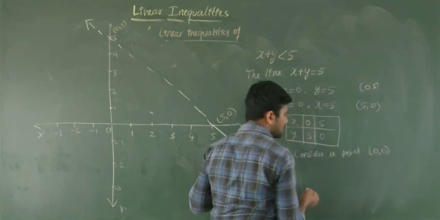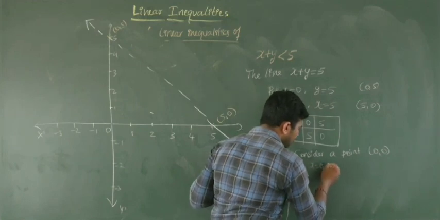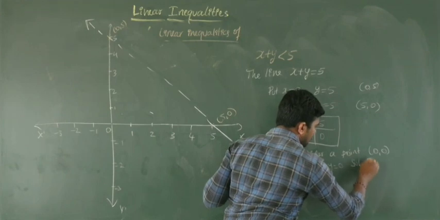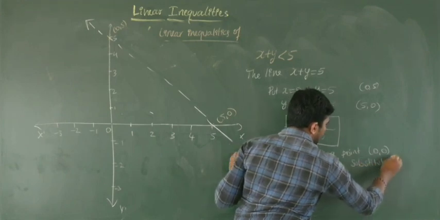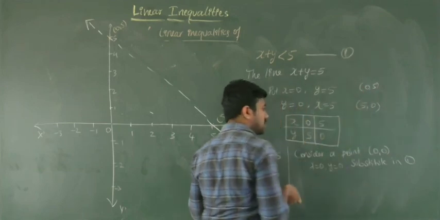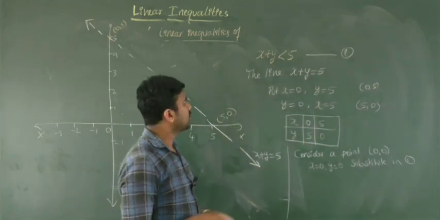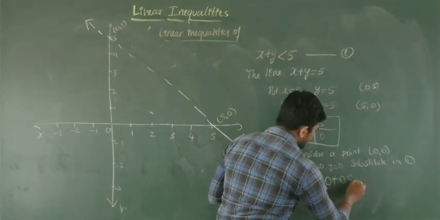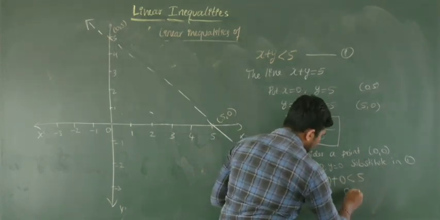Okay, so here x is 0, y is 0, right? Substitute this in equation number 1. What they gave, that I'll consider as equation number 1. Substitute ಮಾಡಿ. Then what will we get here? 0 plus 0 less than 5, or 0 less than 5.